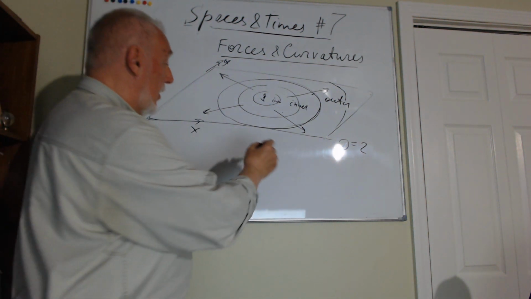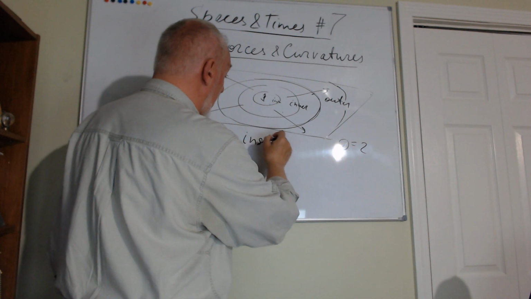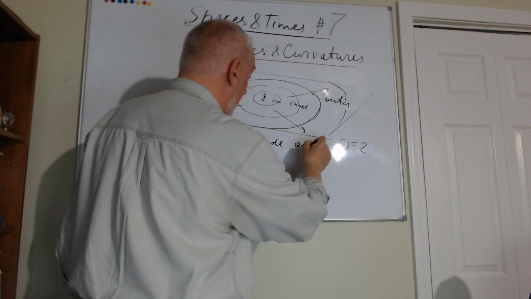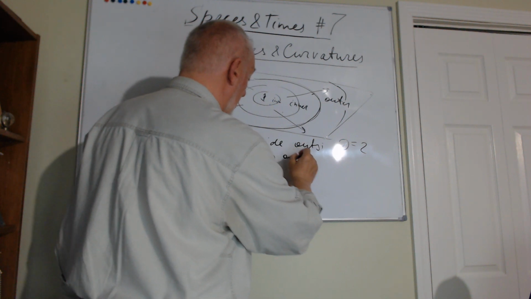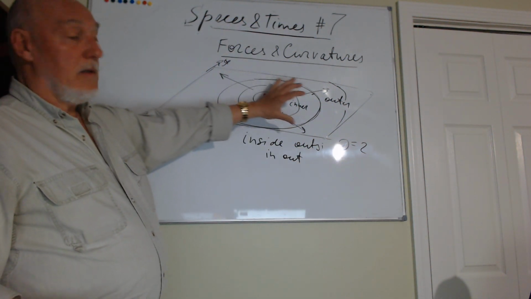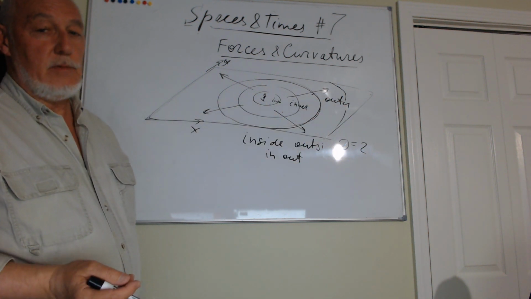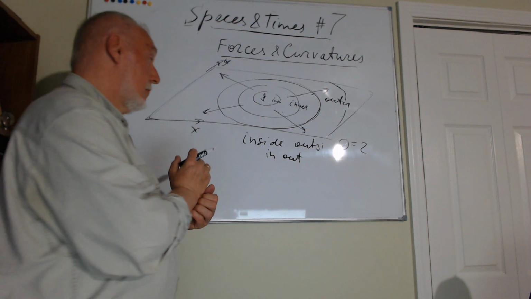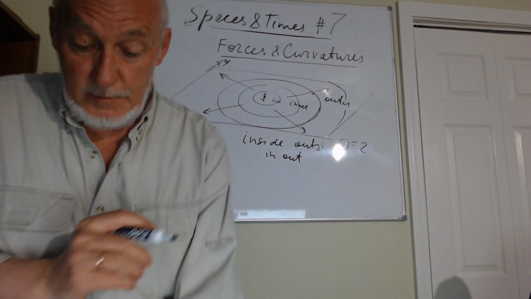So you have relations of inside and outside, in and out. And the waves go from the in to the out direction. Very simple. Now let's take it a little further.